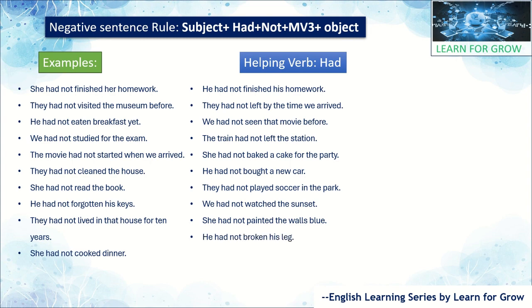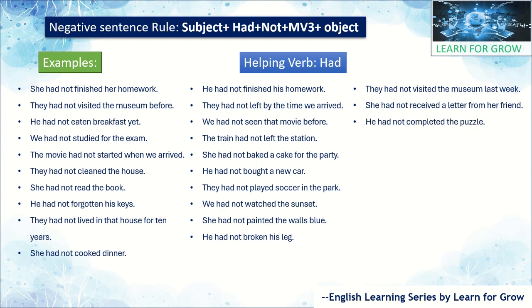He had not broken his leg. They had not visited the museum last week. She had not received a letter from her friend. He had not completed the puzzle. They had not talked on the phone for hours.